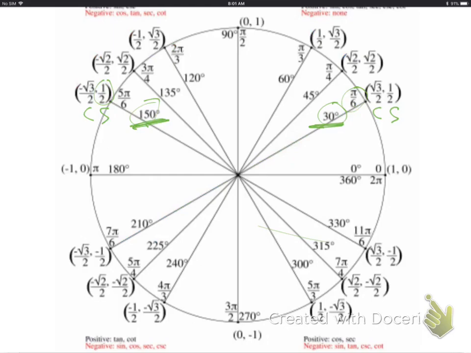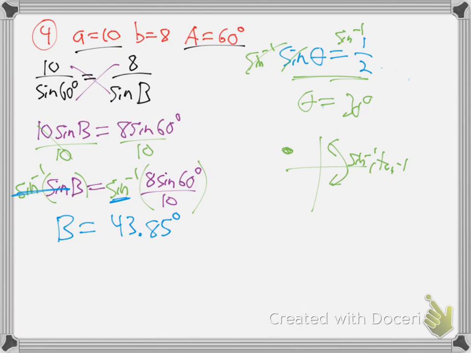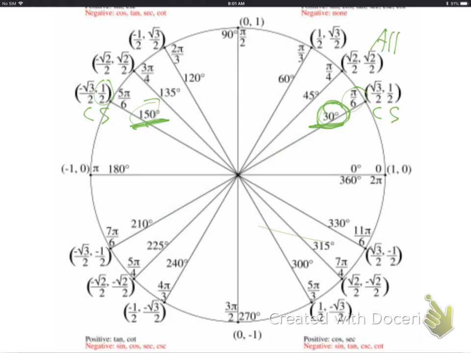If I just had the 30, the reference angle, it'll always be the same reference angle in the second quadrant. Why? Because that's the other place sine is positive, right? You with me? All students. Sine's positive right there.